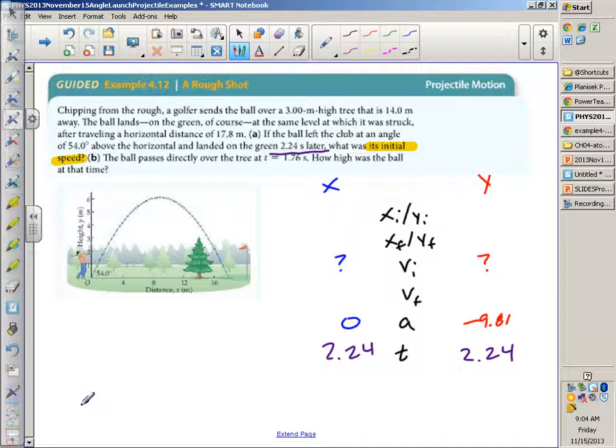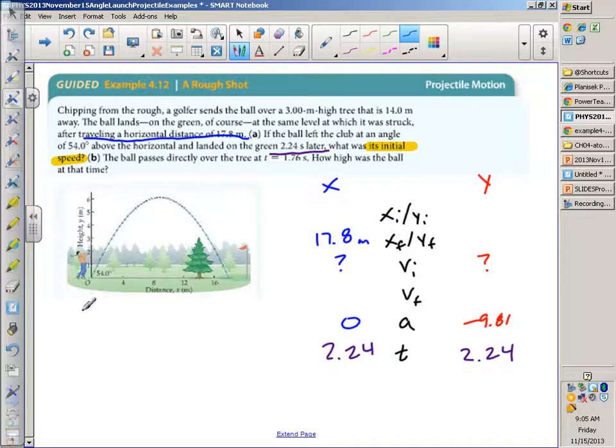X final. It gave us x final. It says it travels a horizontal distance of 17.8 meters. That means it ends 17.8 meters away, as long as what?